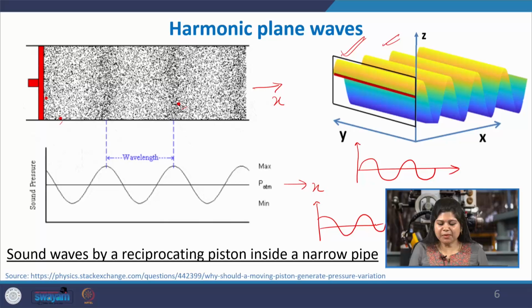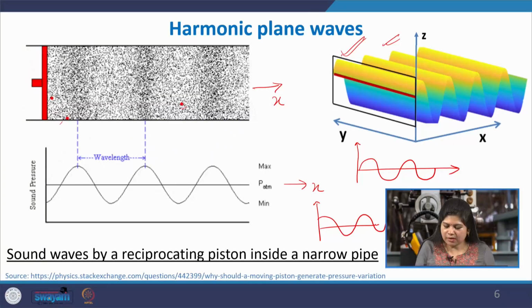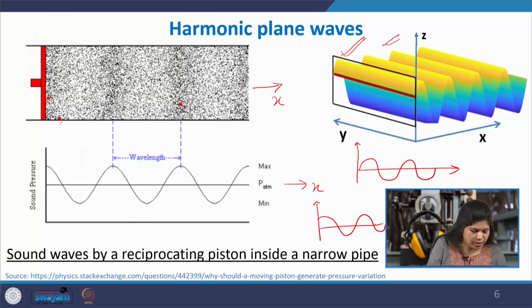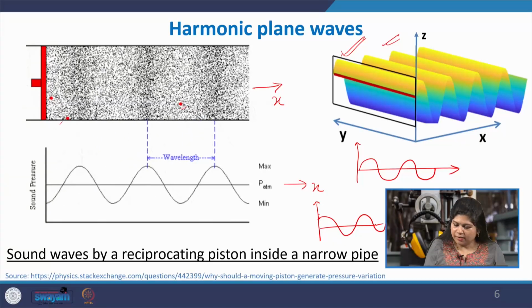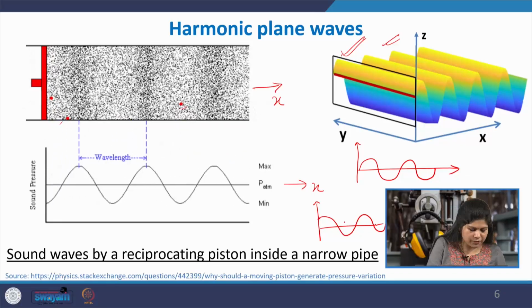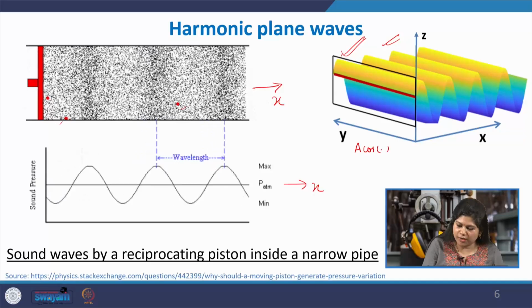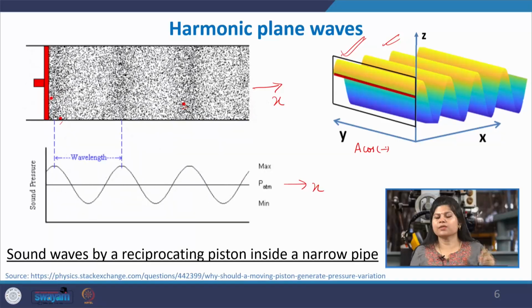And the phase simply means at what point we are starting that wave. The solution to this particular equation, let us say that the pressure variation we are representing as a cosine wave, let us say some A cos of some quantity here.